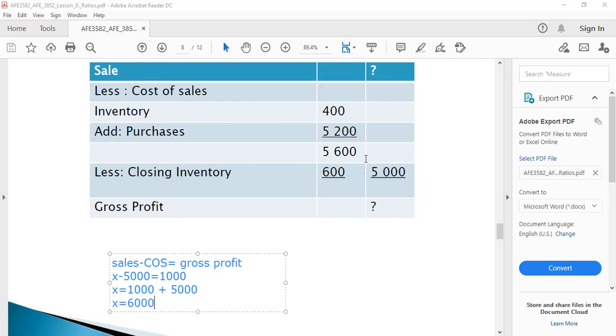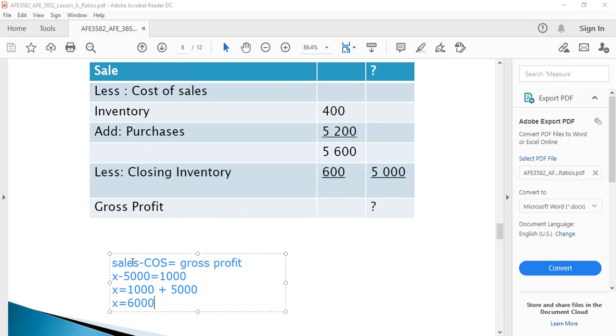Sometimes you can be given your gross profit, or you can be given margin. You are given margin and your sales amount, and you're asked to calculate your gross profit, your cost of sales, and your purchases amount.